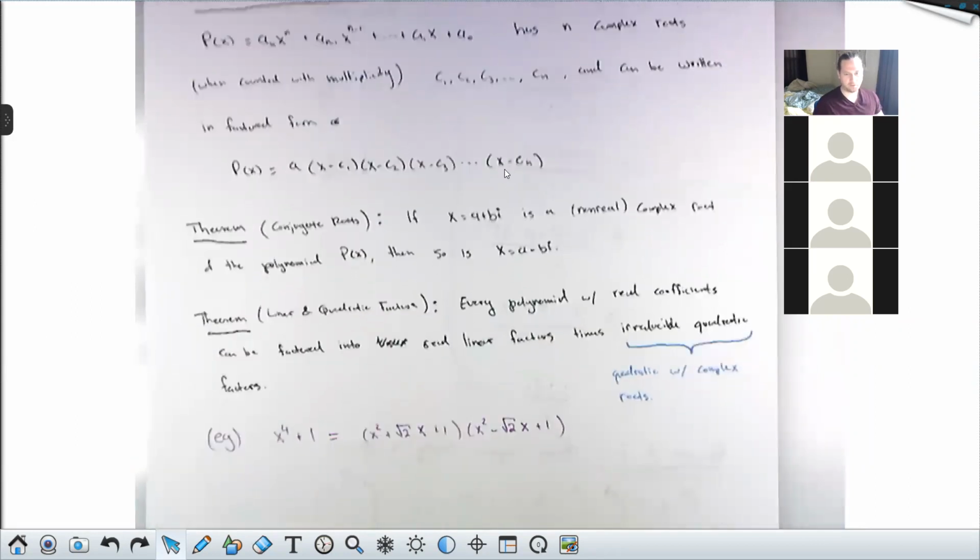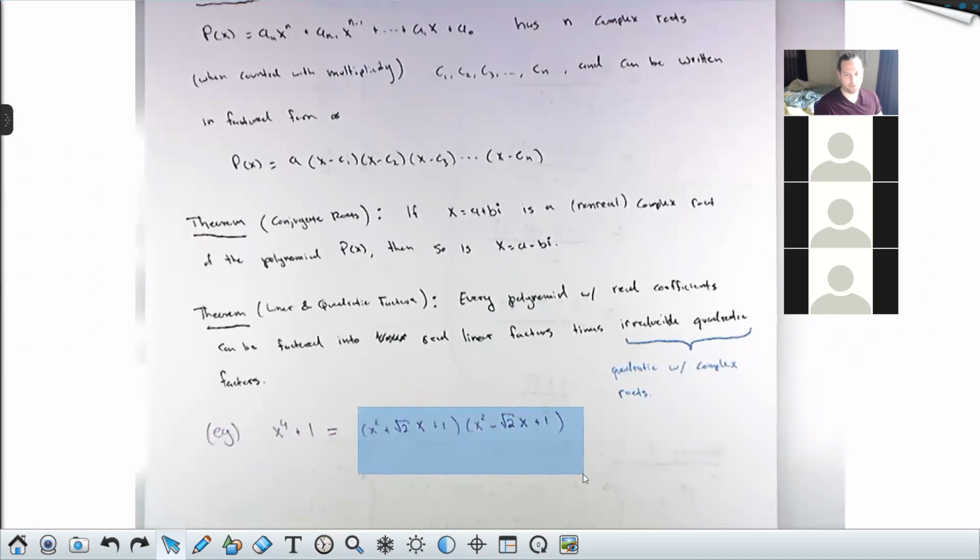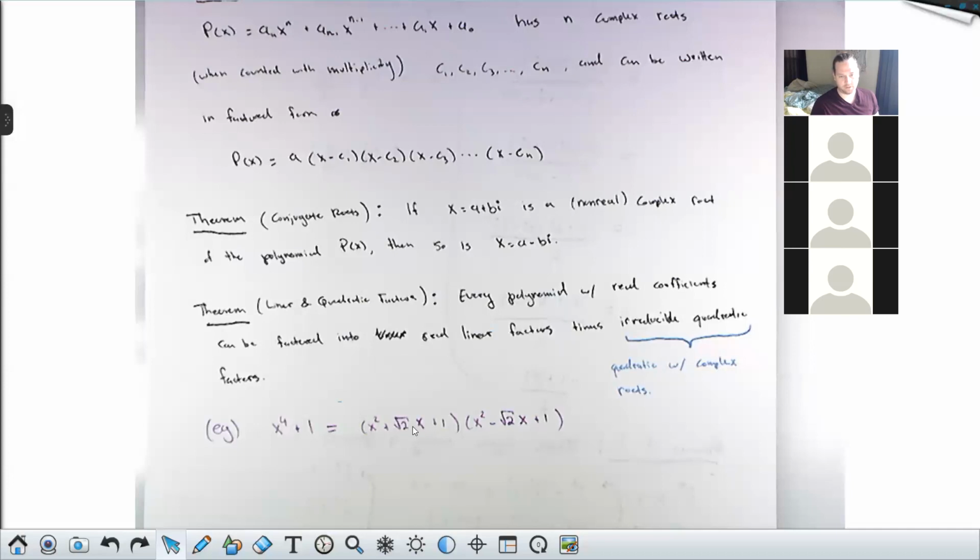You can check. If you FOIL these out, you will get x to the 4 plus 1. And it's not at all easy to come up with these factors. But the idea here is that there is no polynomial of degree 4 or 5 or 3 that can't be factored further. They can all be factored further. And the worst case scenario is that you end up with some quadratics which themselves don't have real roots, cannot be factored neatly over the reals.